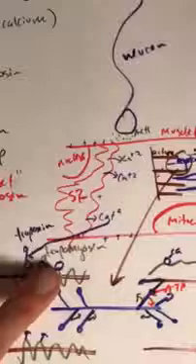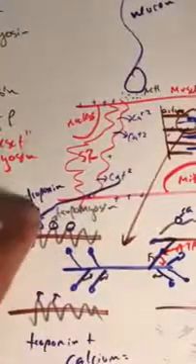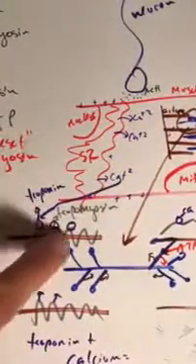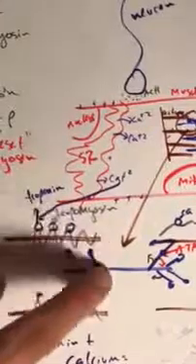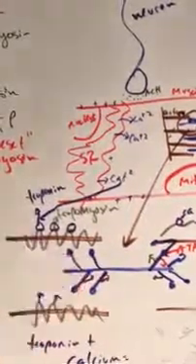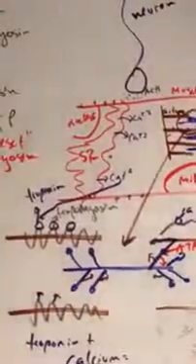If you don't have calcium, then the troponin is going to bind back to the tropomyosin in a way that blocks up the actin, so myosin can't bind to it anymore. It doesn't matter if it's reset or cocked, it can't bind actin, actin spreads back out, and your muscle relaxes.